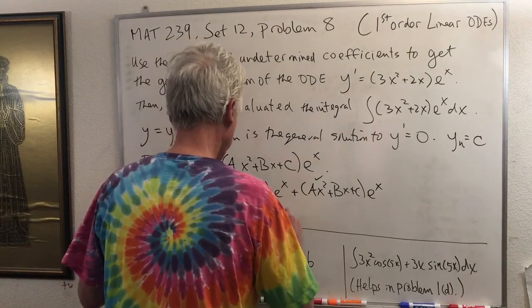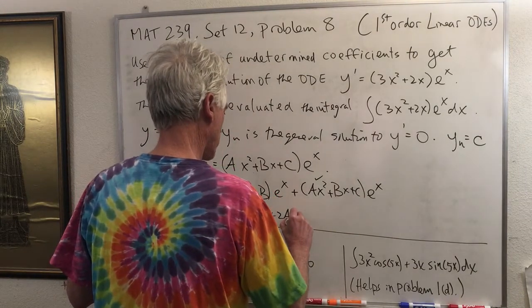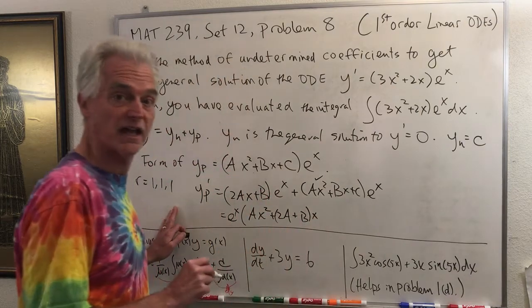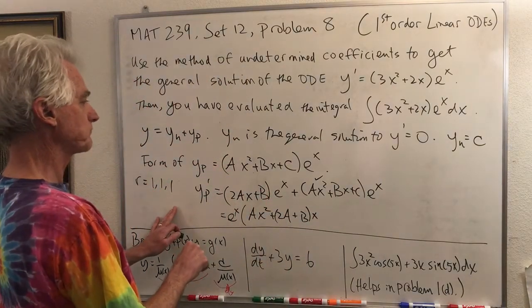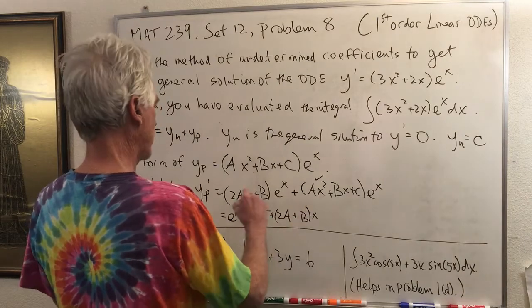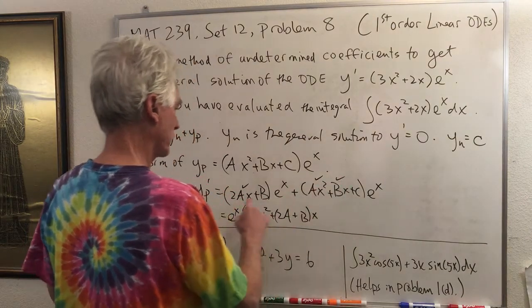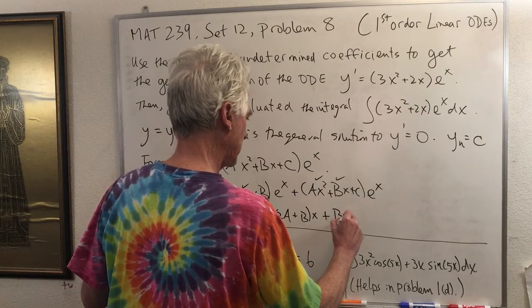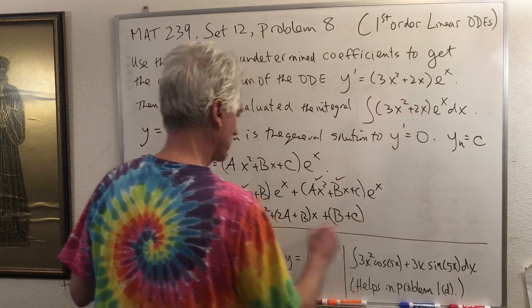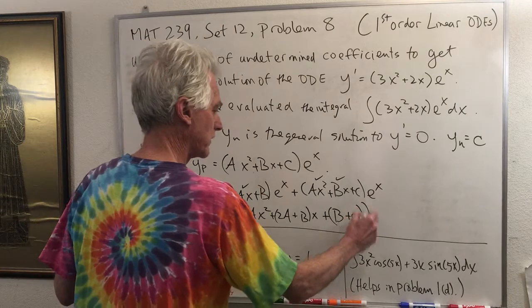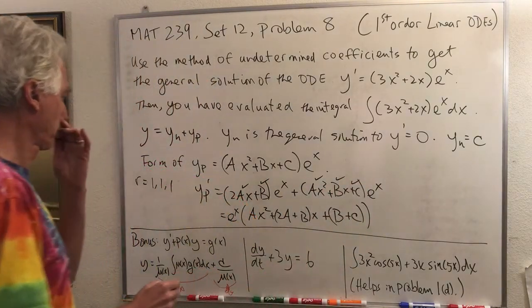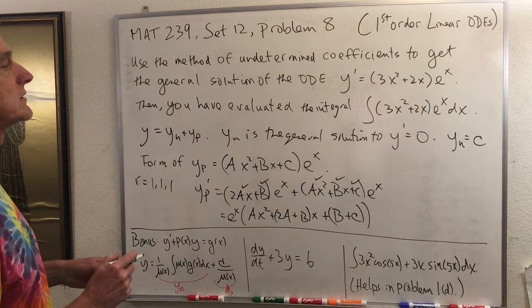I get the plus 2a plus b all times x, right? That takes care of that term and that term, right? And then I have a plus b plus c, with no x term. Okay, that took care of that. All right.